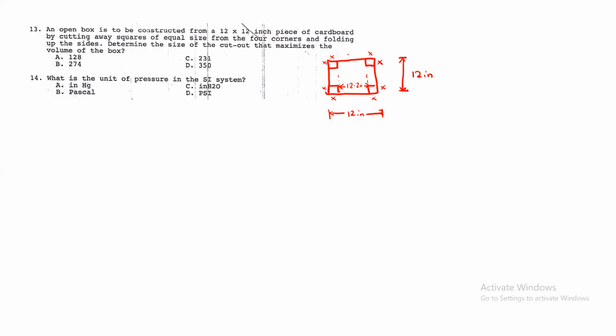So, hinahanap natin kasi yung volume, yung size nung cutout, nung open box. So, hinahanap natin yung volume ng open box. So, syempre, volume ng open box is equals to... So, ilan na yung volume ng open box dito?